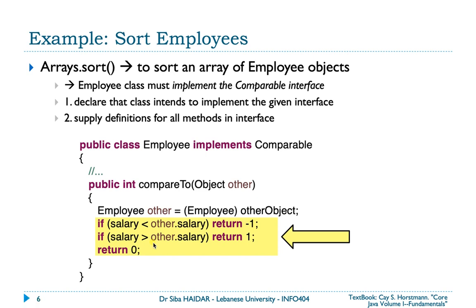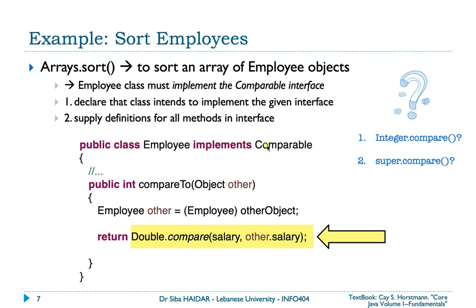And if the salary is an integer primitive type, you have also the Integer.compare static method that you are also advised to use, because integer subtraction may have some flaws in the extremities of the integer range and whether they are negative, etc.